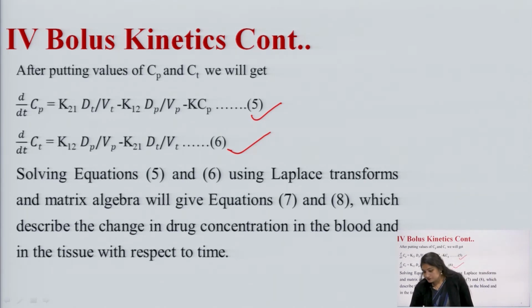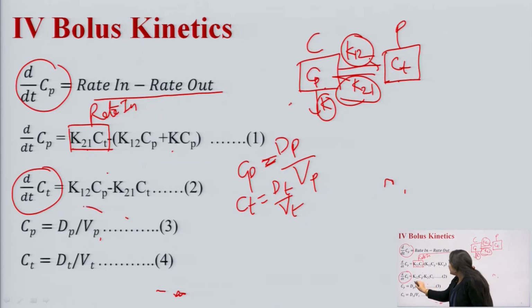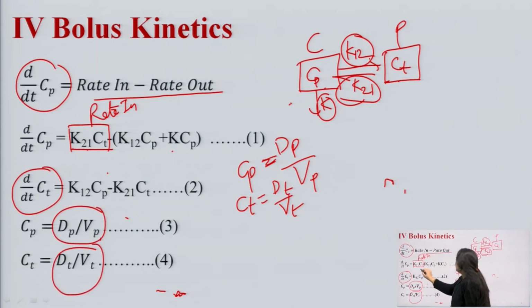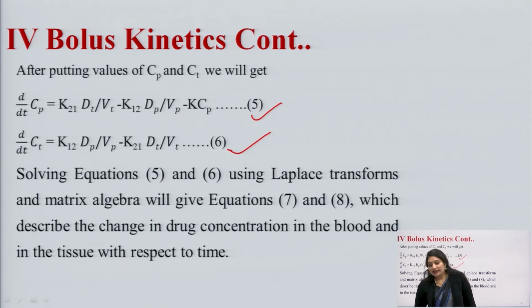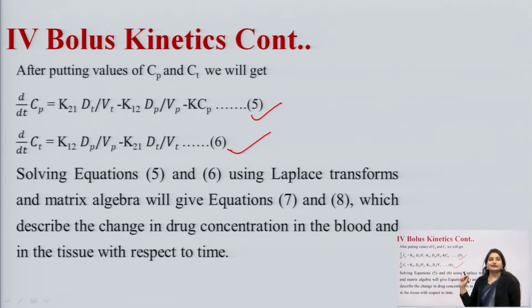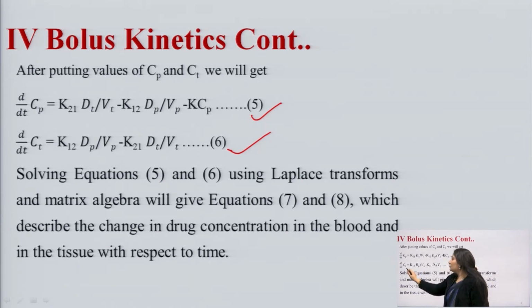These are the values we are putting into these equations, and when we put the values in these equations, we get equation number 5 and 6. Okay. So, equation 5 is K21 dt upon Vt minus K12 dP upon Vp minus KCp, and equation number 6 is d by dt of Ct is equal to K12 dP upon Vp minus K21 into dt upon Vt.